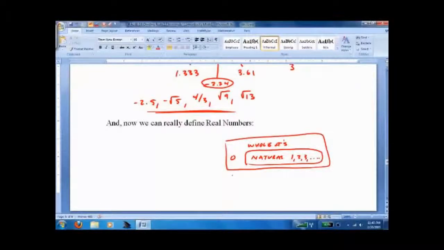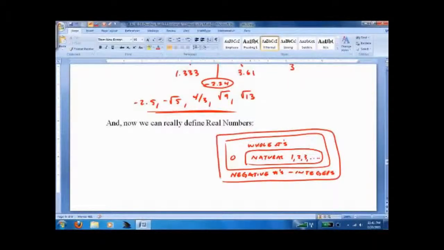Then we added the negative numbers, and I'll just write this out. Negative numbers. And these were called the integers. And we put an ever increasingly bigger size box on there.